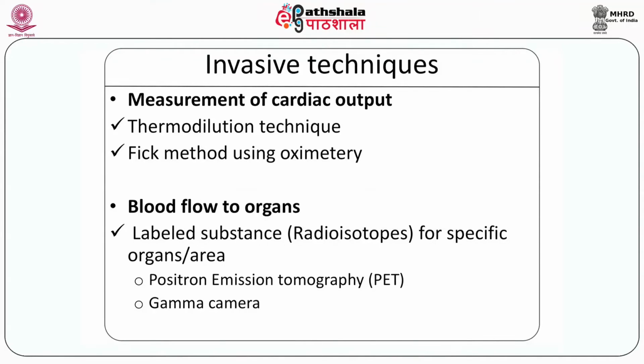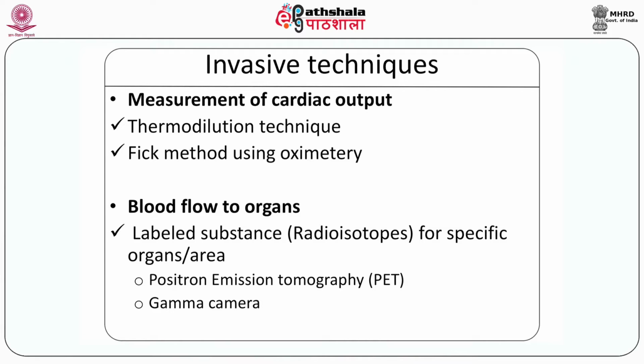The invasive techniques most of the time are more reliable and serve as the gold standard technique. For measurement of cardiac output, we can use the thermodilution technique or the Fick method using oximetry.